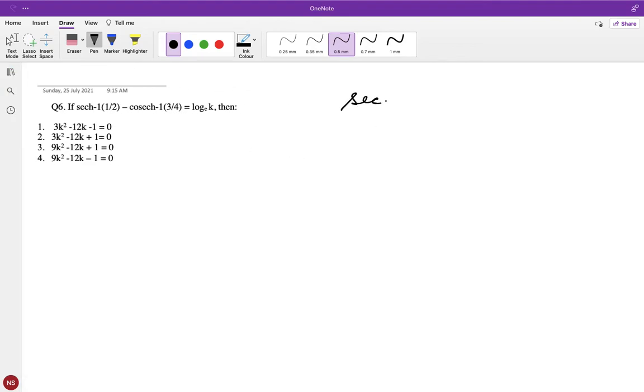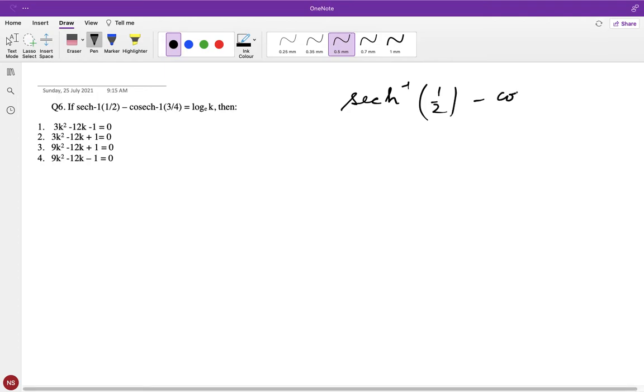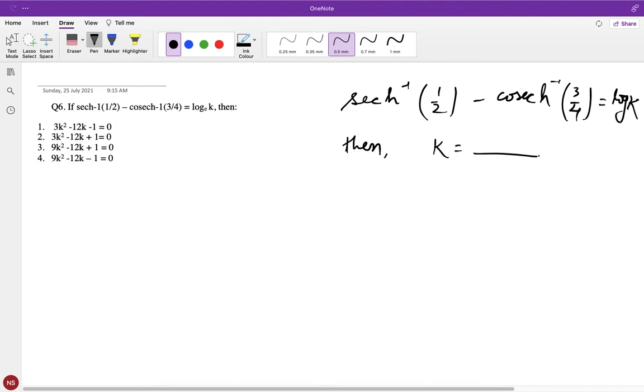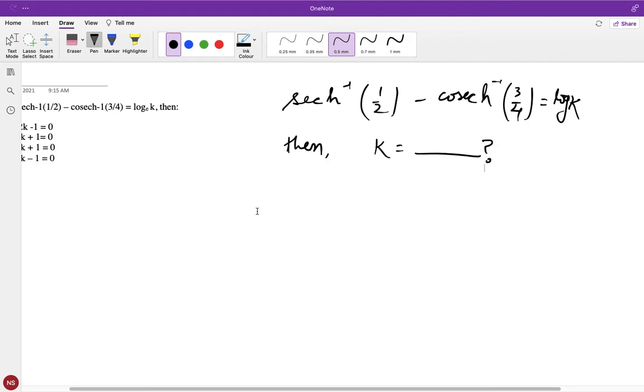If secant hyperbolic inverse of half minus cosecant hyperbolic inverse of 3 by 4 equals log of k, then k equals what is what we have to find out. So this is a very straightforward problem.